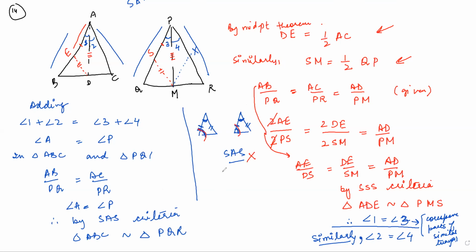Okay. Now last question of this exercise. Question number 15. A vertical pole of length 6 meter casts a shadow 4 meter long. Let me just draw a figure here.